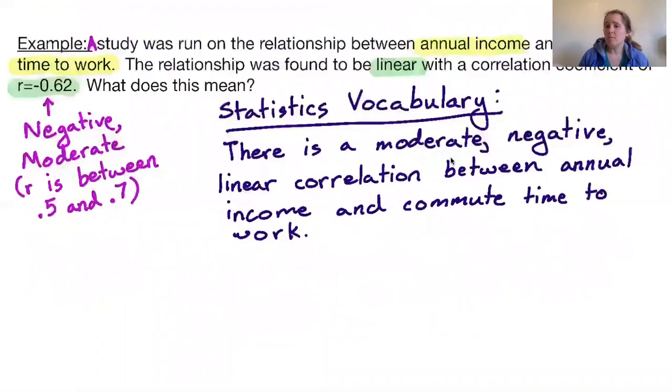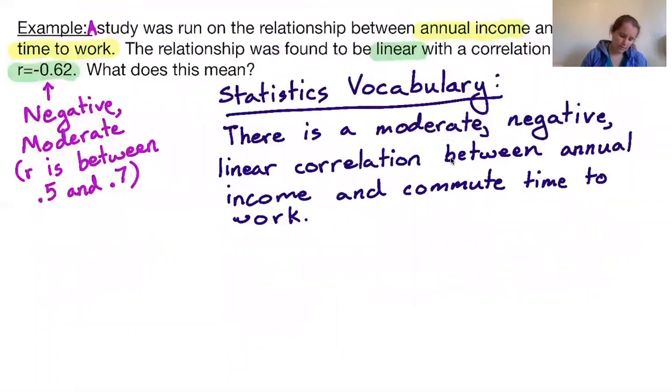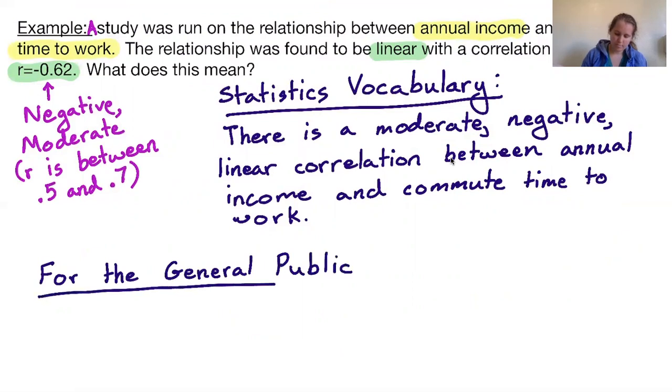Again, this doesn't mean much to the general public, so let's do a version for the general public. So we have a negative correlation. This is high values of variable 1. So people who tend to have a larger annual income, people who make more, are paired with low values of variable 2. So they have a shorter commute to work.